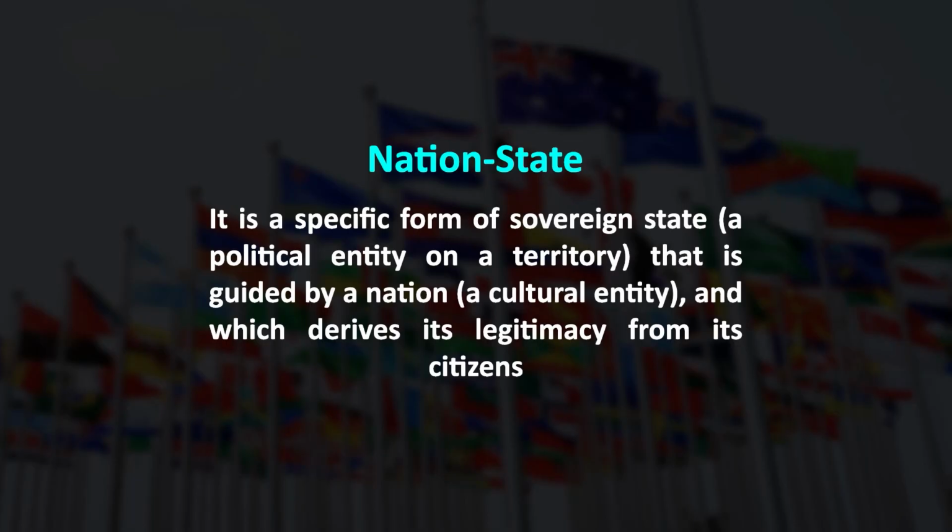Therefore, in general discussion, a nation state is variously called a country, a nation or a state, but technically it is a specific form of sovereign state, that is a political entity on a territory that is guided by a nation, that is a cultural entity, and which derives its legitimacy from its citizens.